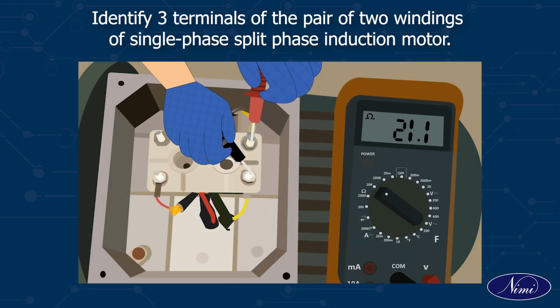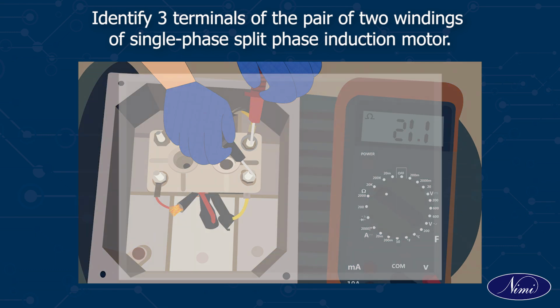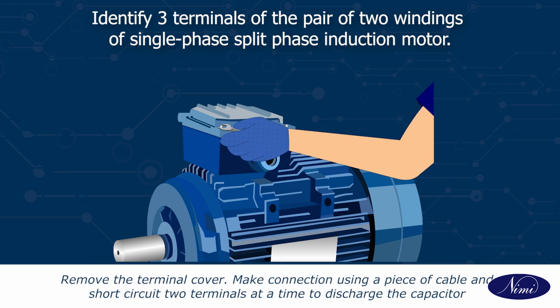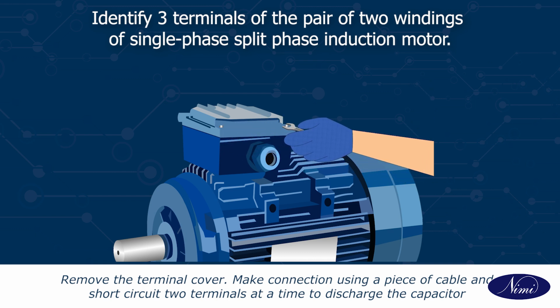Identify 4 terminals of the pair of 2 windings of single-phase split-phase induction motor. Remove the terminal cover. Make connection using a piece of cable and short circuit 2 terminals at a time to discharge the capacitor.